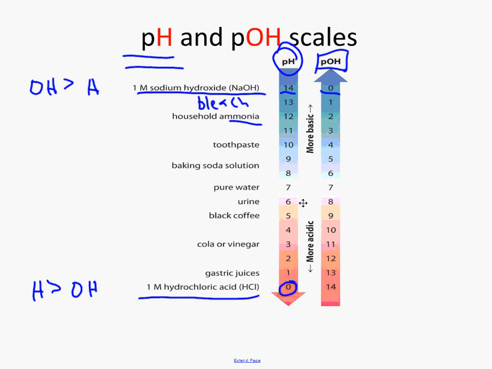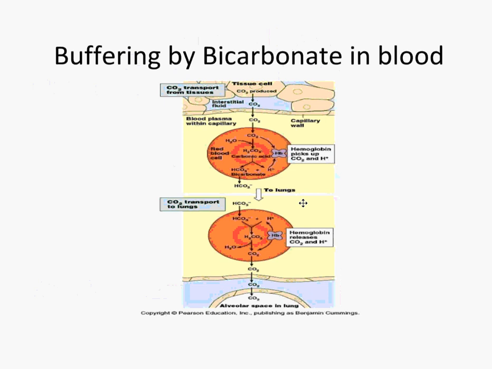Now, in our bodies, there are lots of acids and bases that are being used. And of course, acids and bases both can be corrosive. And so the way that our body deals with that is something called a buffer. This is an example of that in the blood. Your blood maintains a pH of around 7.4. And so anytime your blood becomes more acidic, for instance, which can happen if you have too much CO2 in the blood, it can become a little more acidic.